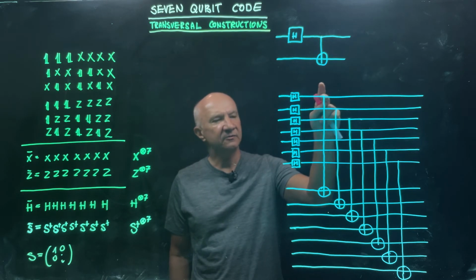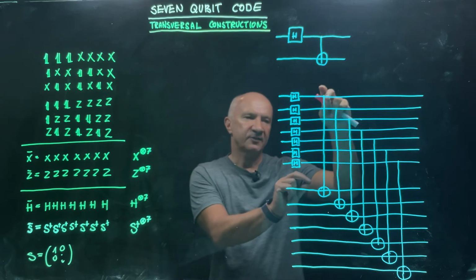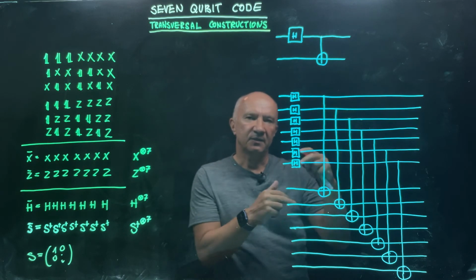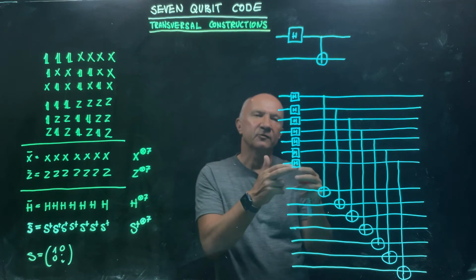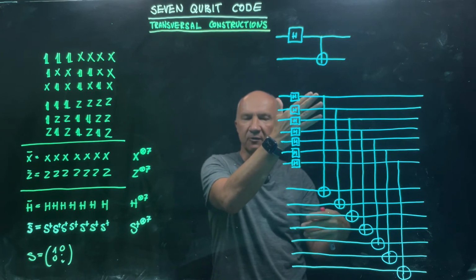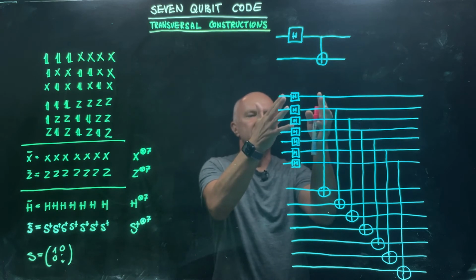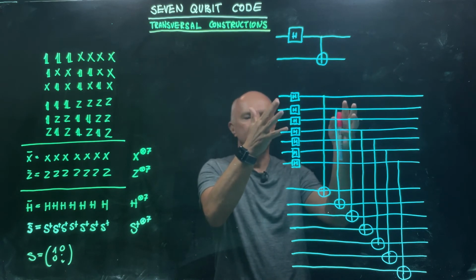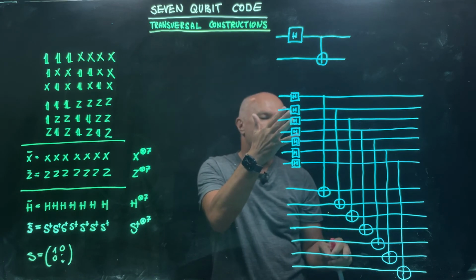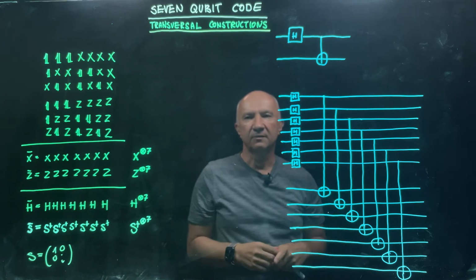If it comes to the control node, it actually may copy the error to the second block. But it will never happen that one error will generate more than just one error per block, right? So one error in this block will be confined either to this block, or at most will affect, through the control node gate, one of the qubits in the second block.